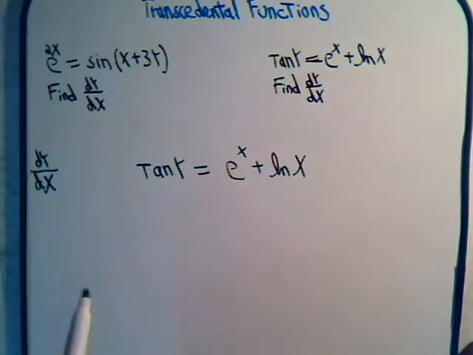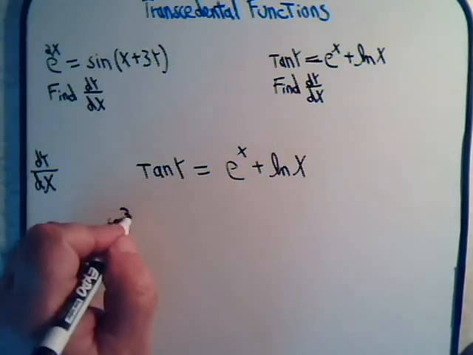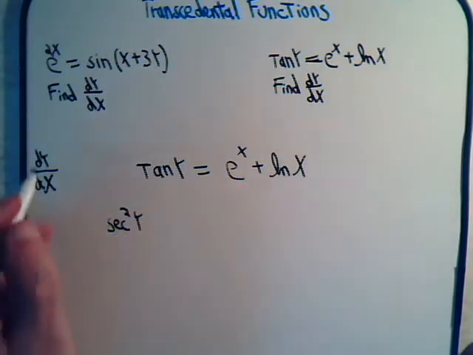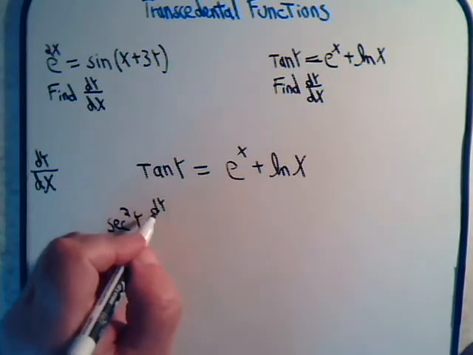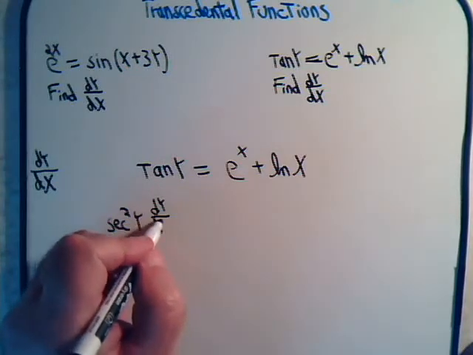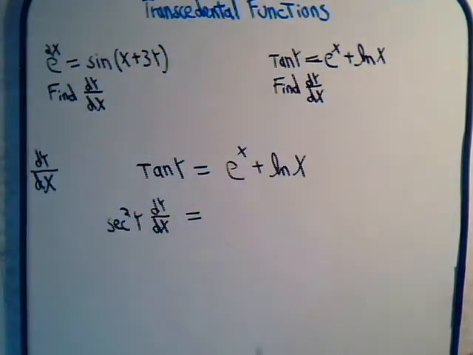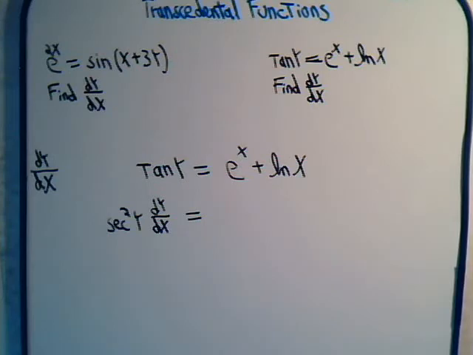So this would be secant squared of y times the derivative of what's inside here, which would be dy/dx, and that will equal the derivative of this side of the equation with respect to x.